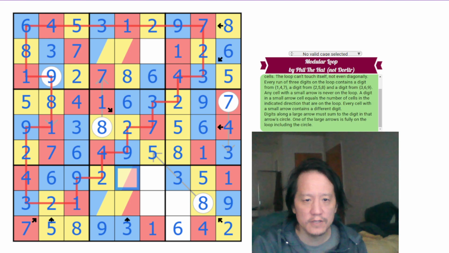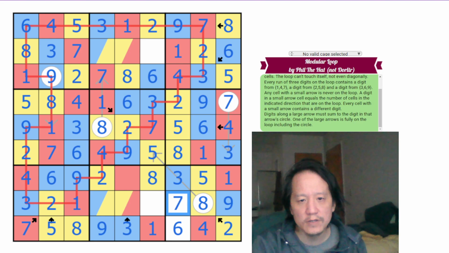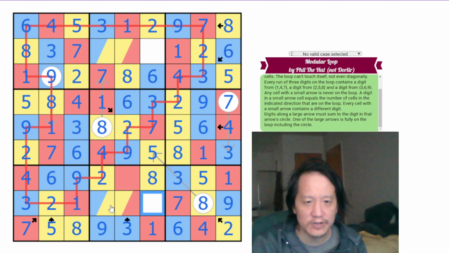One of these is 8. That can't be 8, so this is not the yellow. Therefore, this is the yellow and the 8. This has to be 7, and that's red. This is blue. I think the coloring now is just making it worse, but whatever.